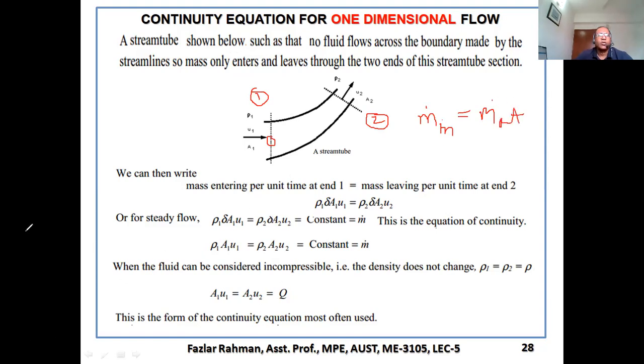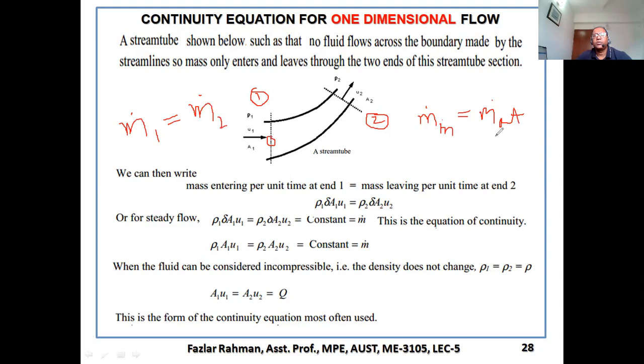Or we can say the mass flow rate at point 1, M dot 1, will be equal to the mass flow rate at point 2, because mass is not leaving through the boundary. So the same amount of mass has to leave the system. Now, how do we figure out the mass flow rate?